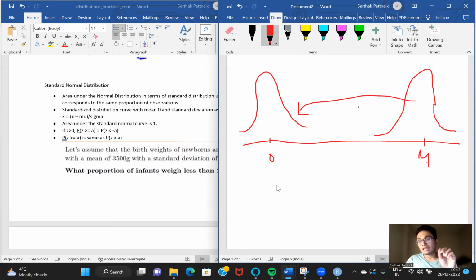So, from a definitional standpoint, how would you define a standard normal curve? It's a normal curve with mean 0 and standard deviation 1. That is the first basic idea. So your mean is 0 and your standard deviation is 1.